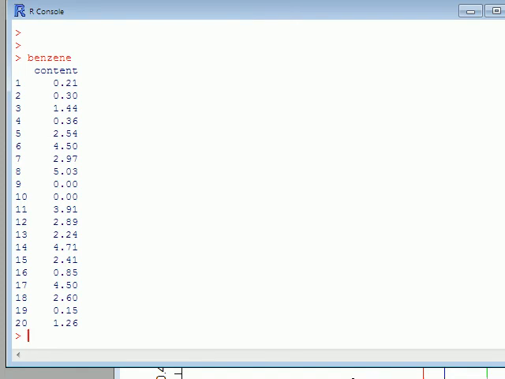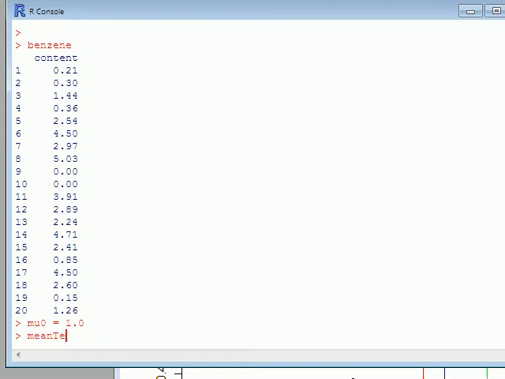Okay, so here's the benzene example, and according to the problem, the average should have been 1. That would have meant that those stacks were in compliance with the OSHA requirements or whatever requirement. What is the mean here?